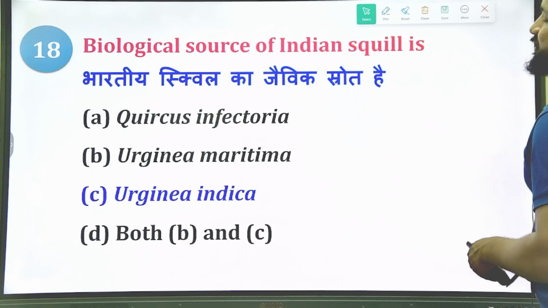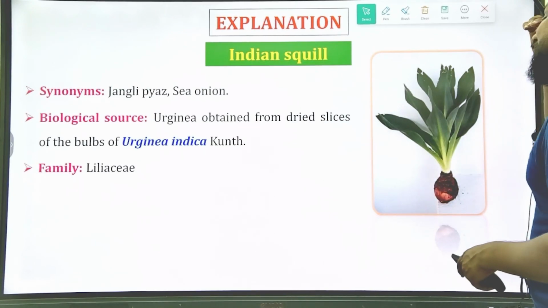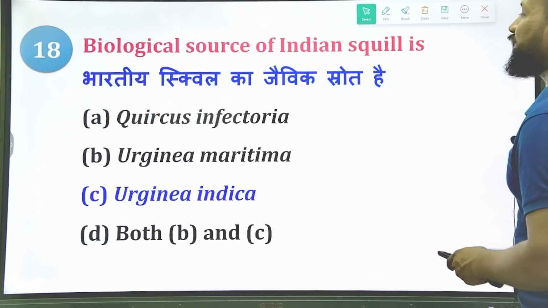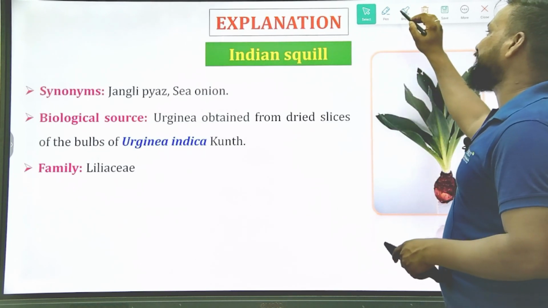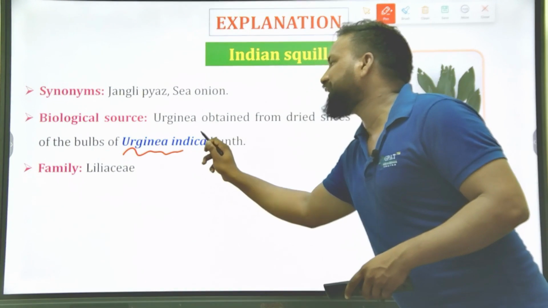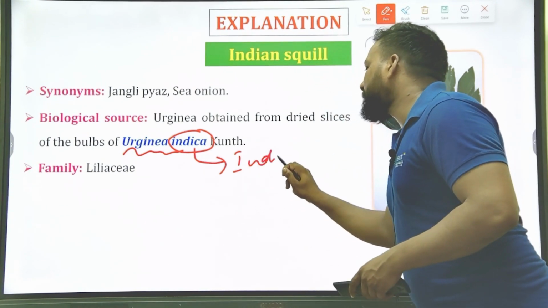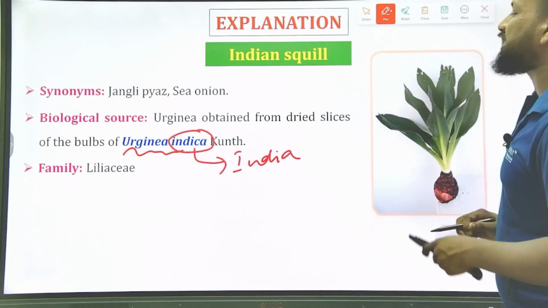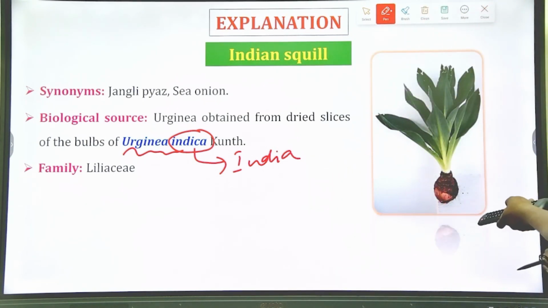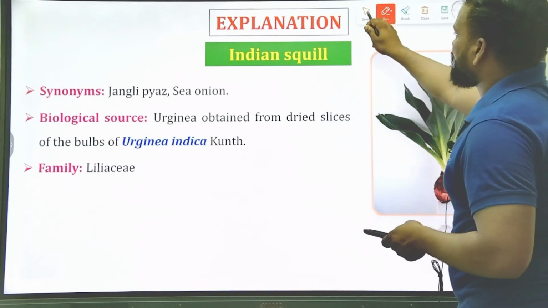Yes, option C is correct, Urginea indica. So the biological source of Indian squill is Urginea indica. Indica, India. It belongs to family Liliaceae.